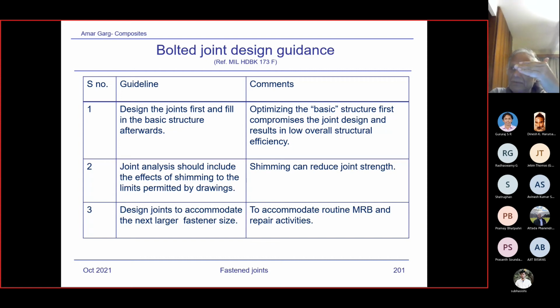So now, at the design stage, when we are analyzing the structures, we have to assume that there will be shim, because that allowance for the shim has to be put on the drawing. And you have to calculate the margin, taking into account the shim. The shim could be 20 thou, say 0.5 millimeter. It could be 0.75 millimeter.